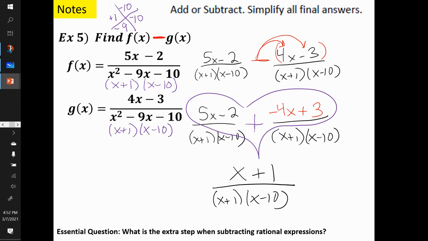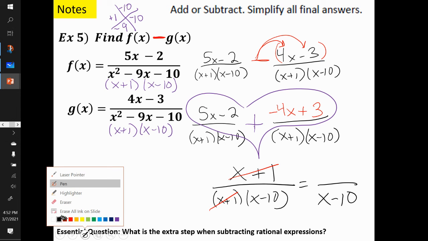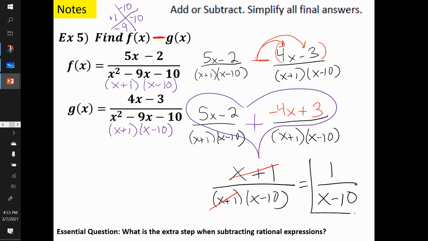And hopefully you realize the top can't factor, but sometimes you might have to factor it, cancels with the bottom. So that x plus 1 cancels with that x plus 1. And our answer, we have the x minus 10 on the bottom. What's going to be on top? Yep, you guessed it. It's just going to be a 1 on top.